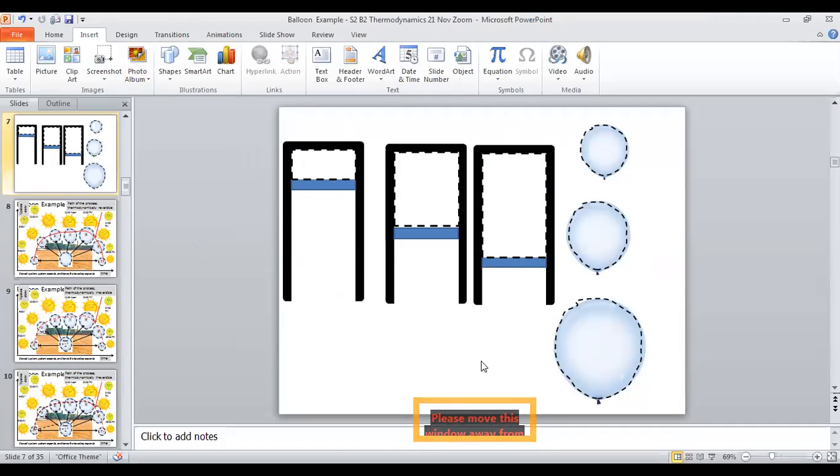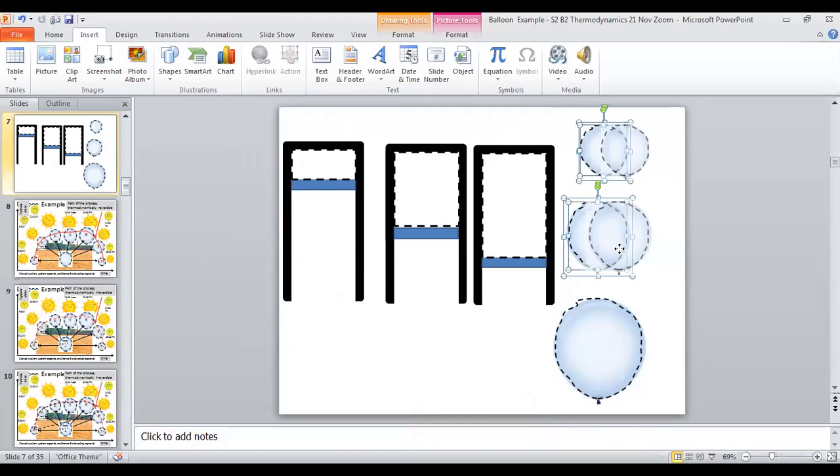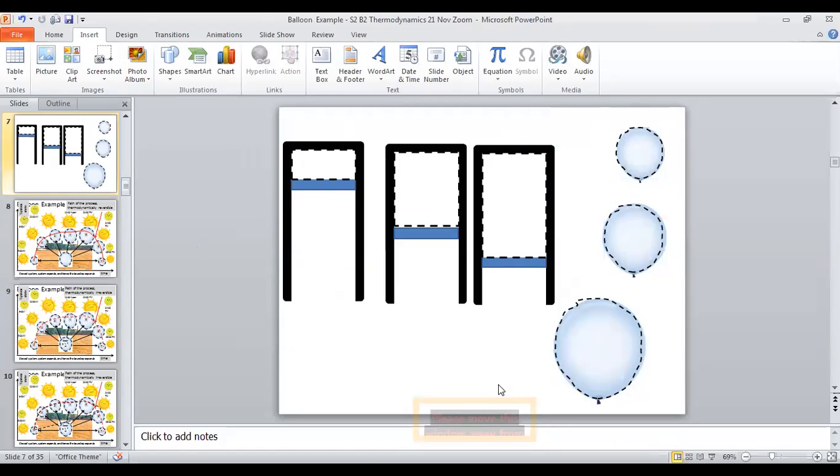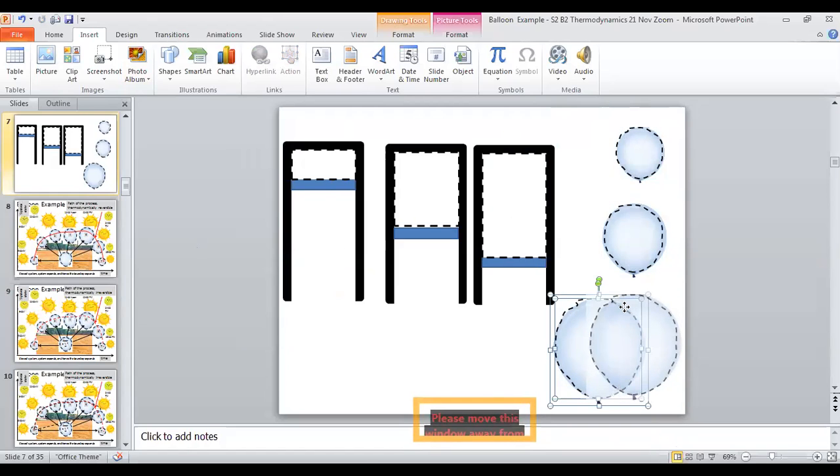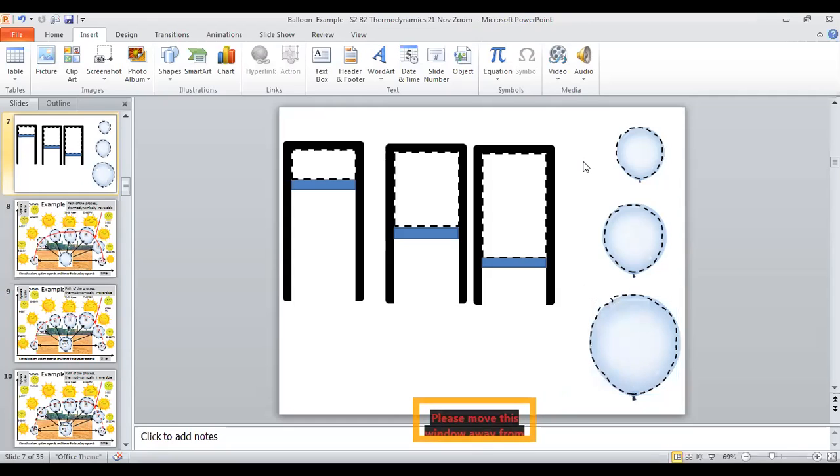In the balloon example also you can see the expansion of the boundary. When you experience the expansion, you can see the volume increase and there can also be pressure changes.